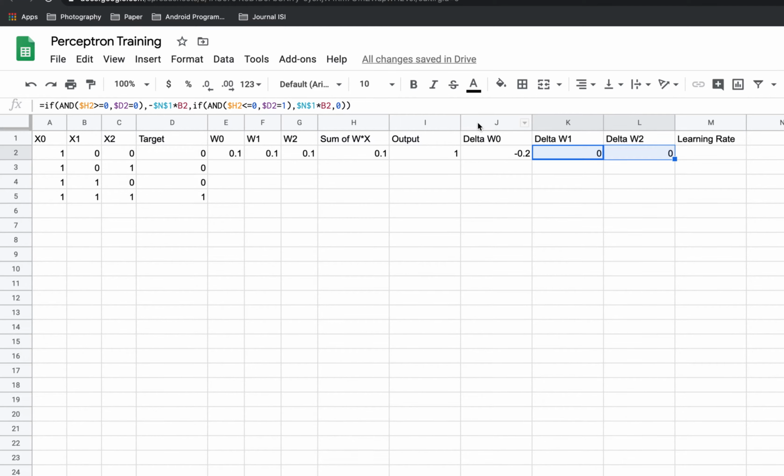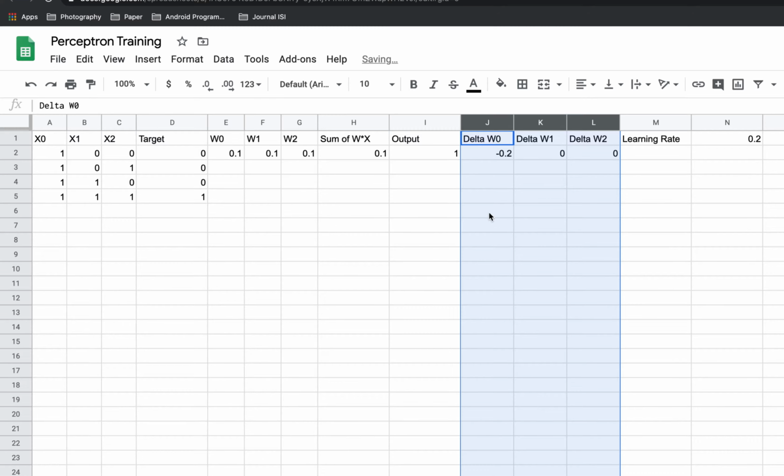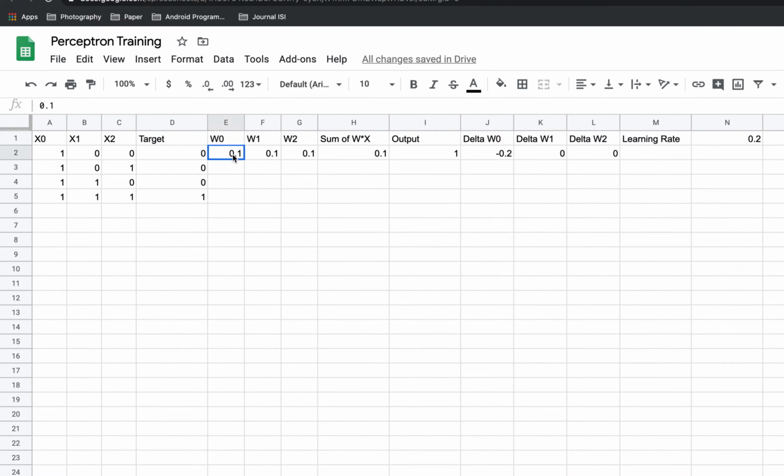Then we add this one: w is w plus delta w. So you can change only w0, because w1 and w2 must stay the same.